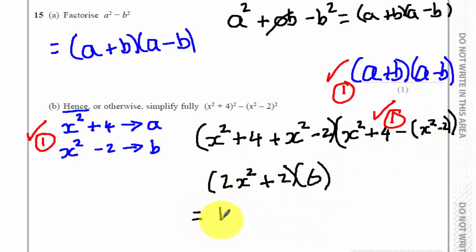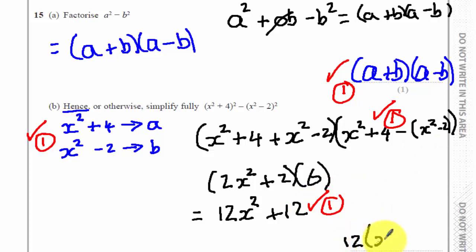So this comes to 12x squared plus 12, which gets you the third mark. You're welcome to factorise it back into 12 lots of x squared plus 1, and that would get you the third mark as well.